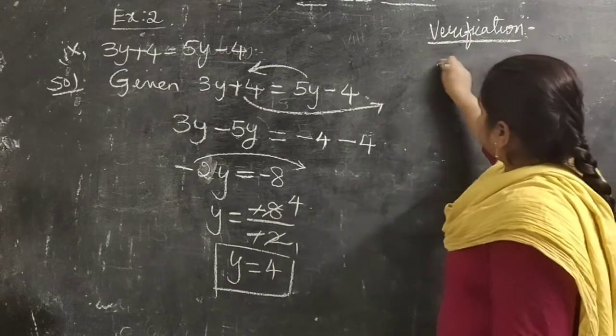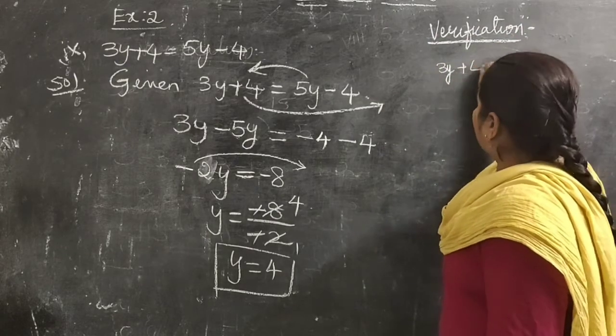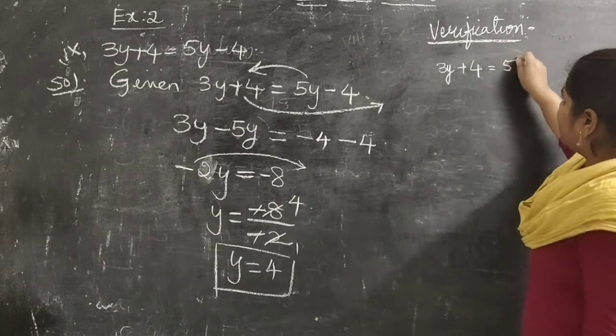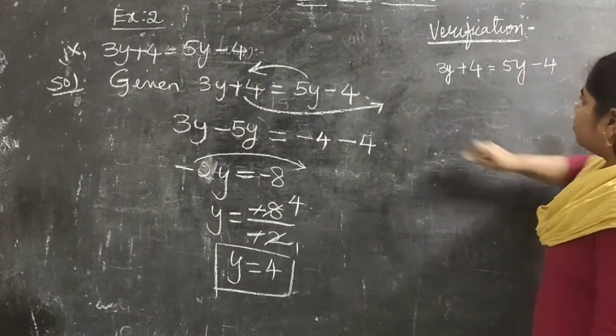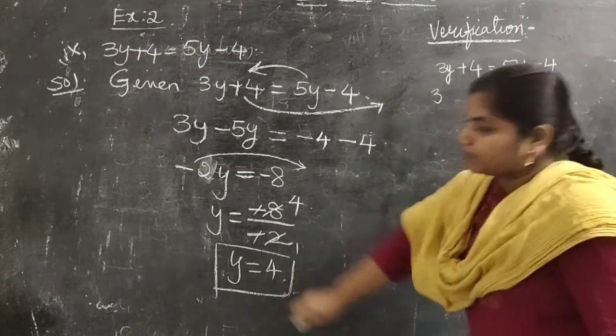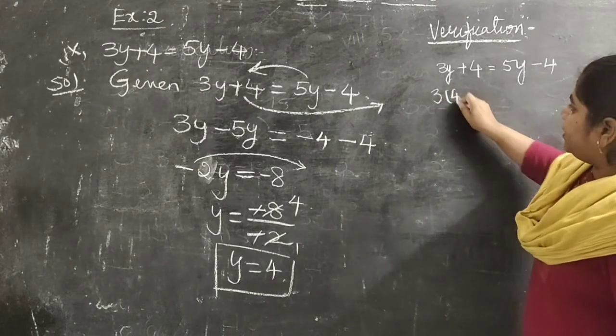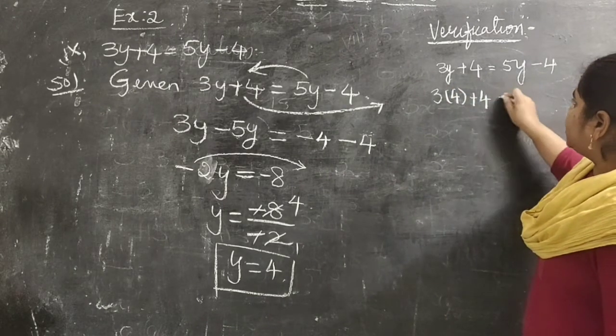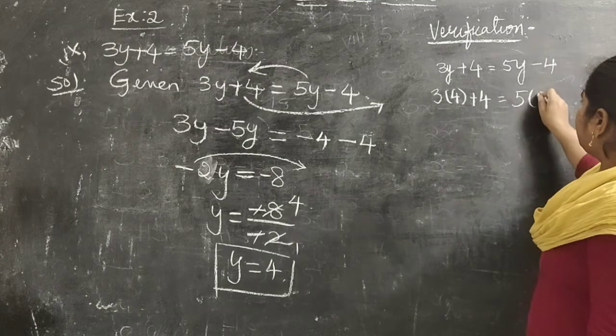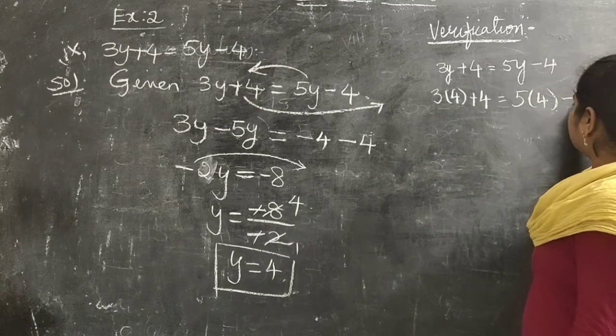So what is the equation? 3y plus 4 is equals to 5y minus 4. So in place of y you have to substitute 4 here. So 3 into 4 plus 4 is equals to 5 into 4 minus 4.